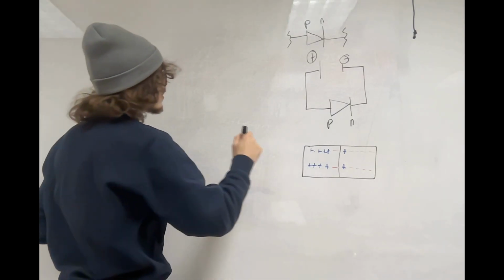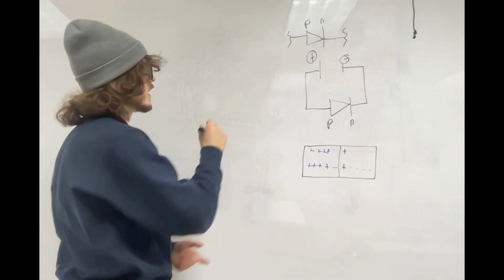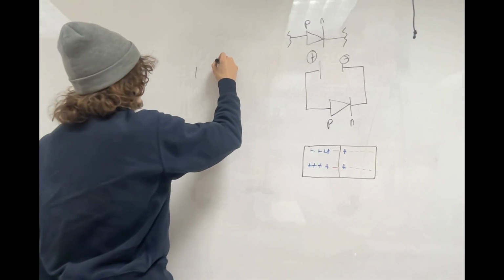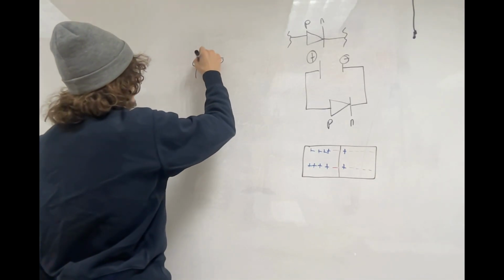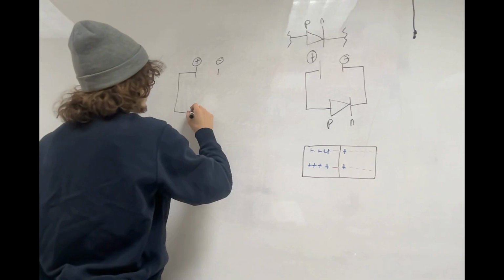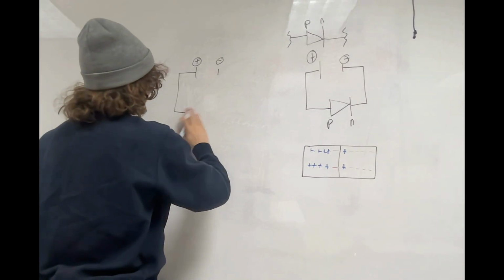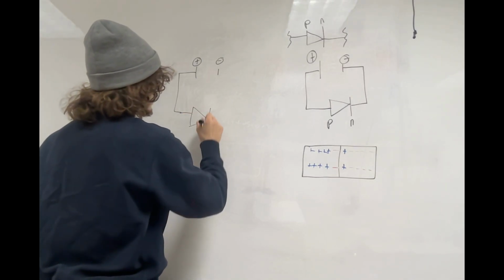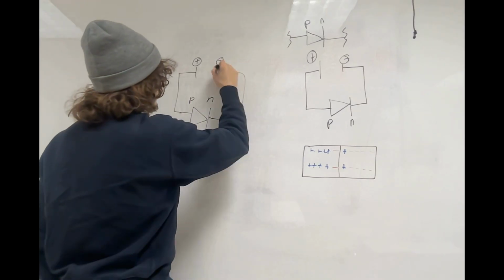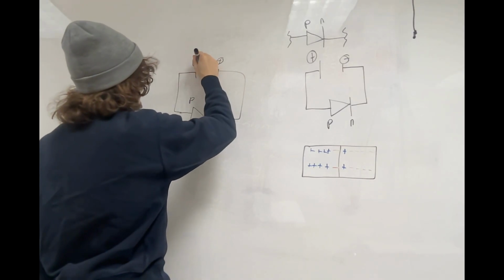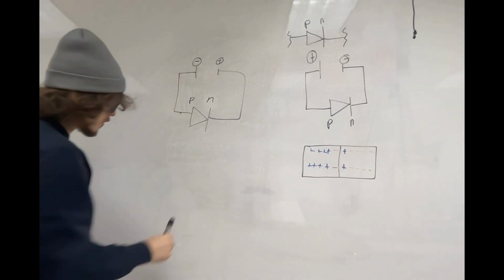But then also, let's say you hook up the circuit, what happens if you reverse the bias? Okay, so now you have negative charge. Well, what's going to happen?